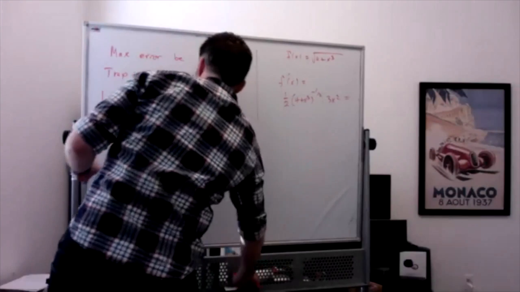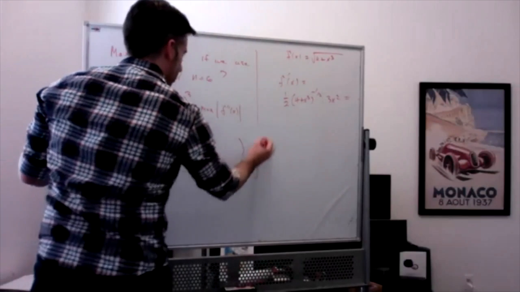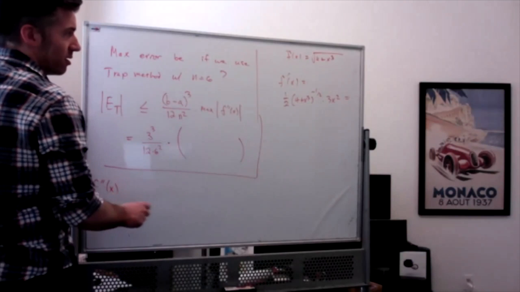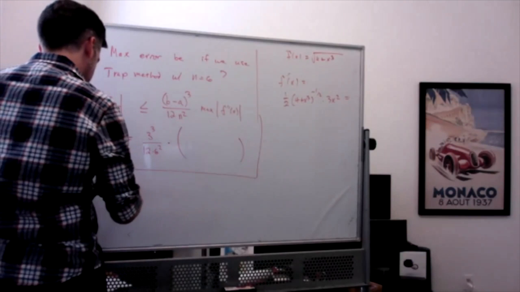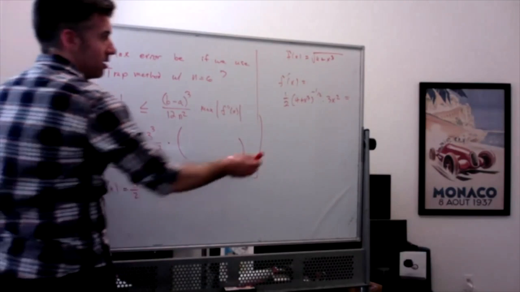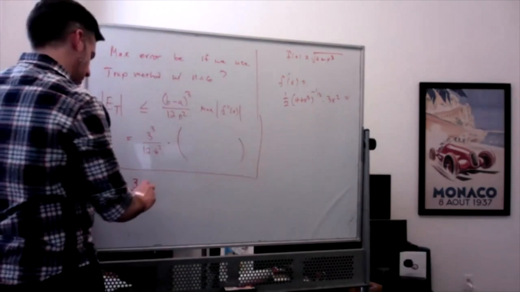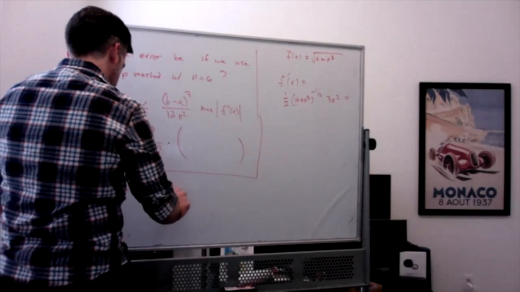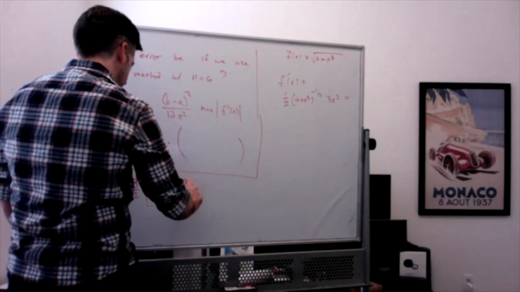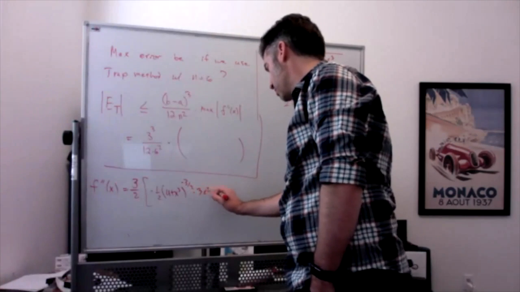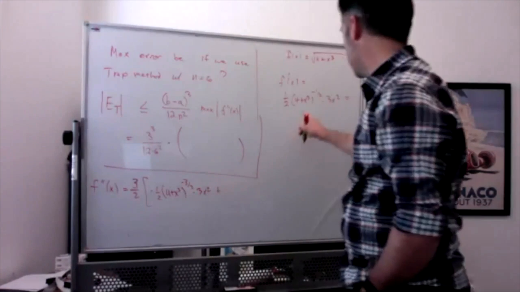Let's come back here. So taking the second derivative, we're going to get, let's just use the product rule. So it's going to be 3/2 times the derivative of this, which is going to be negative 1/2 times 4 plus x cubed to the negative 3/2 times that, plus this.